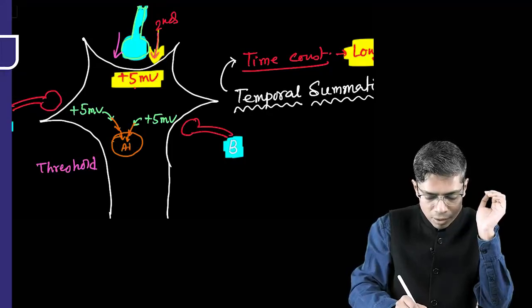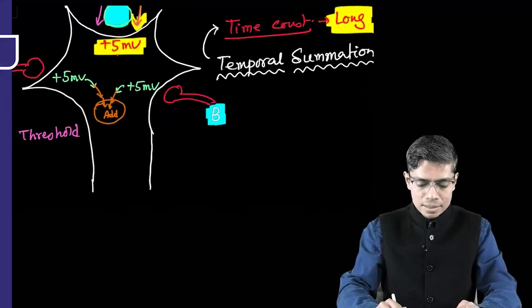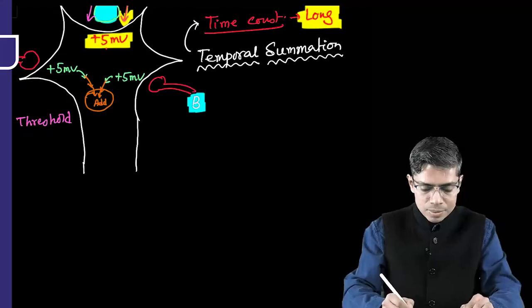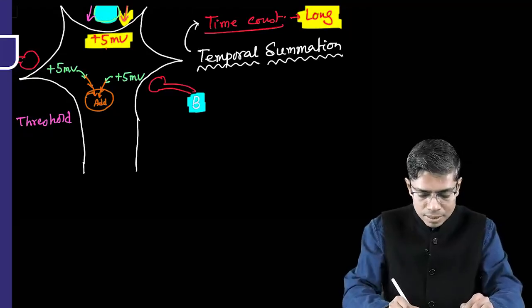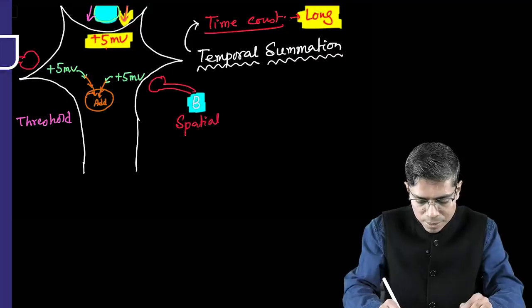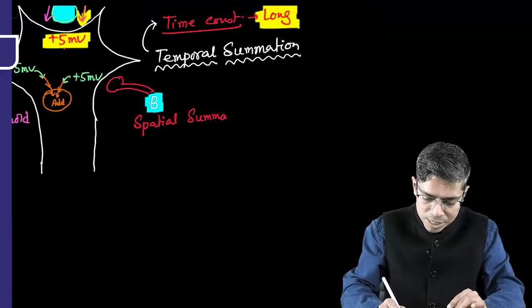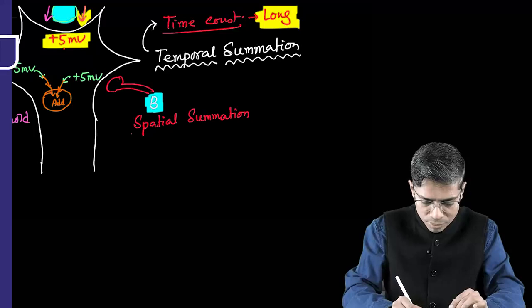And this addition of those two stimuli is known as summation, and this kind of summation is known as spatial summation. What is the meaning of spatial summation? I remember it like this: spatial means over space.